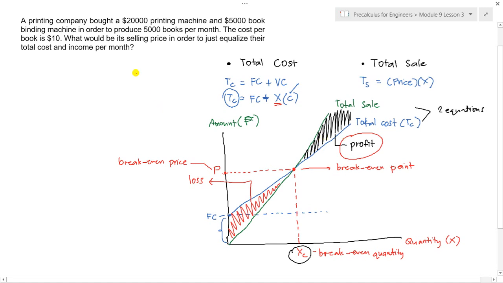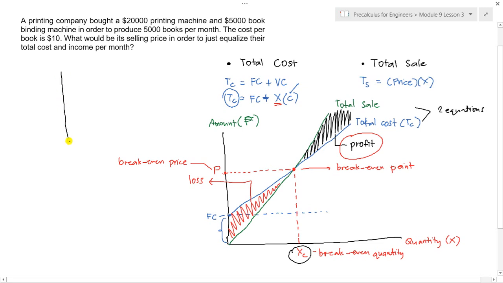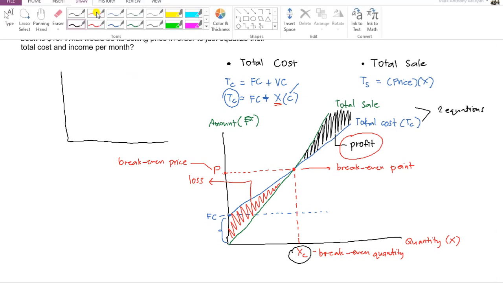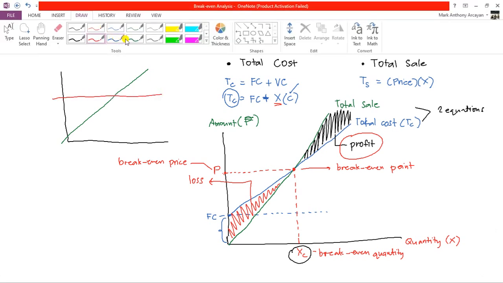Remember in lesson 1, when we solved simultaneous equations in two unknowns, let's say we have our first equation, then our second equation, their intersection is the solution.